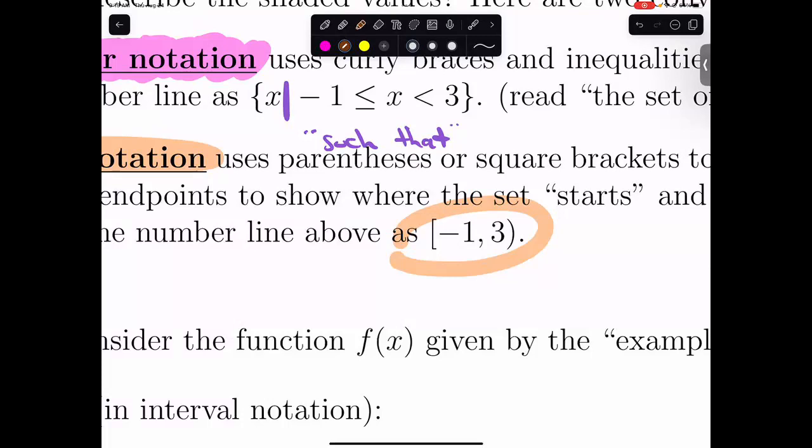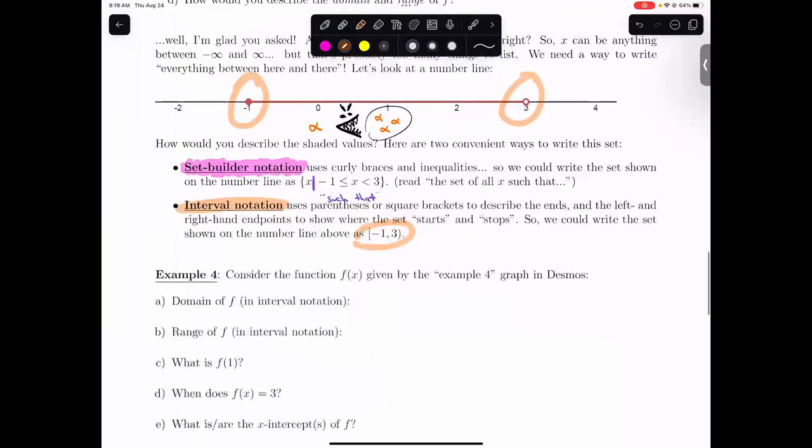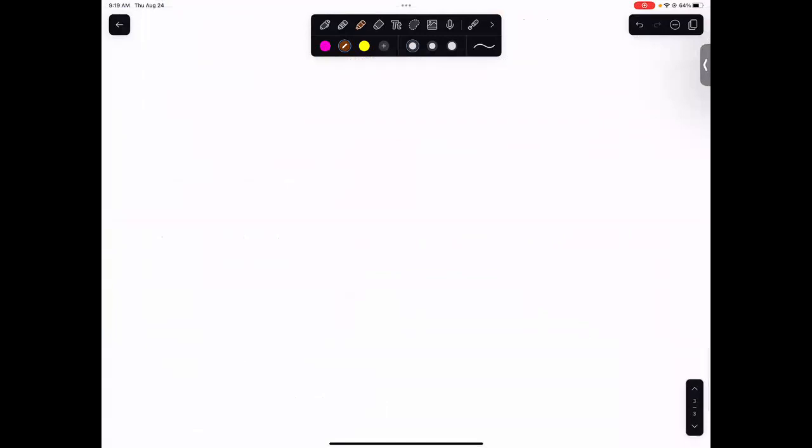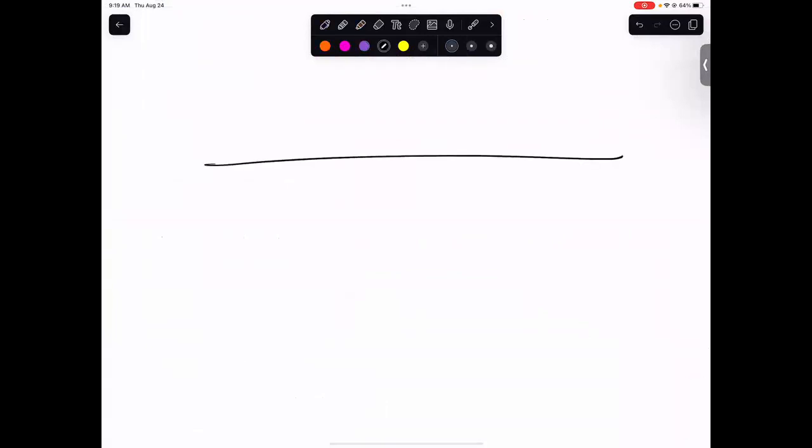The brackets versus parentheses thing, you just got to get used to it, right? So, you miss a couple on the homework, you figure it out, it's fine. There's not really a reason for one to be one way and the other to be the other way. It's just how we do it, right? It's just the convention. Okay, so how would I write then in interval notation? What's on this number line?